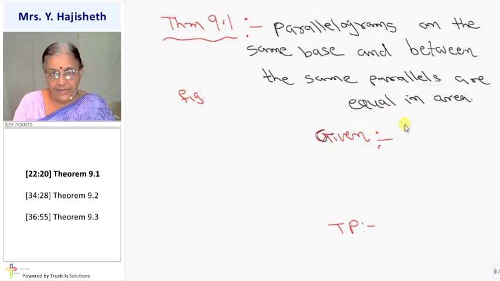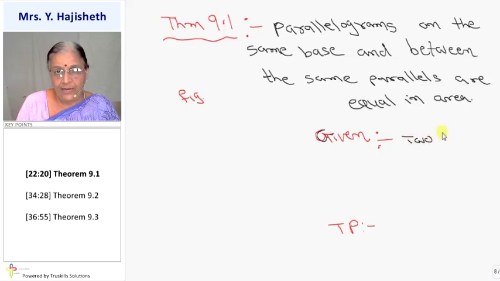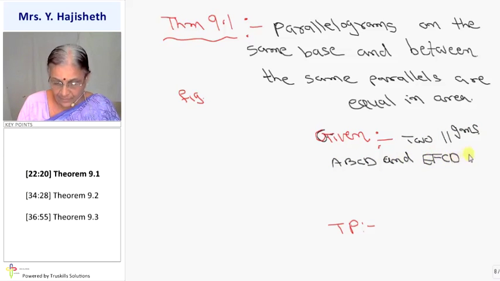From this statement I can write it in mathematical form. नाम दे देंगे, two parallelograms ABCD and EFCD are on the same base.